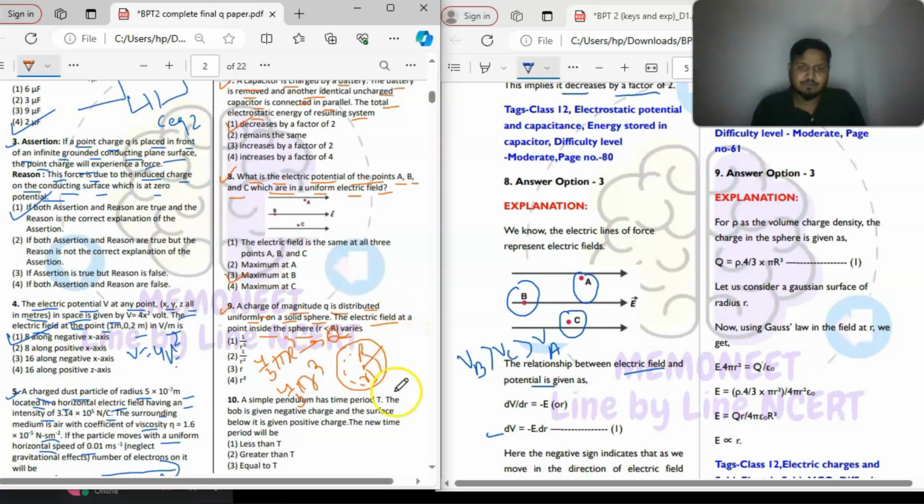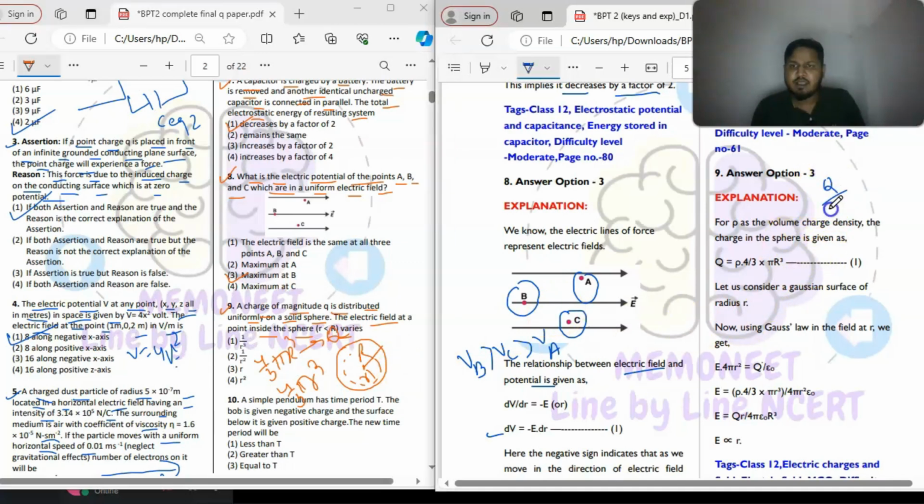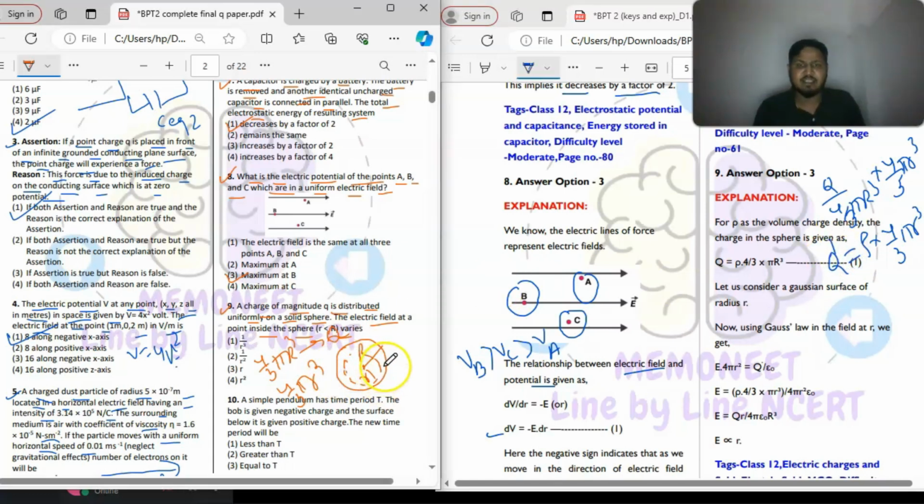This will be Q by 4 by 3 pi R cube, into 4 by 3 pi small r cube. This is the rho, so this is rho into 4 by 3 pi r cube. This is the new charge inside the new sphere. You can say Q dash, right?